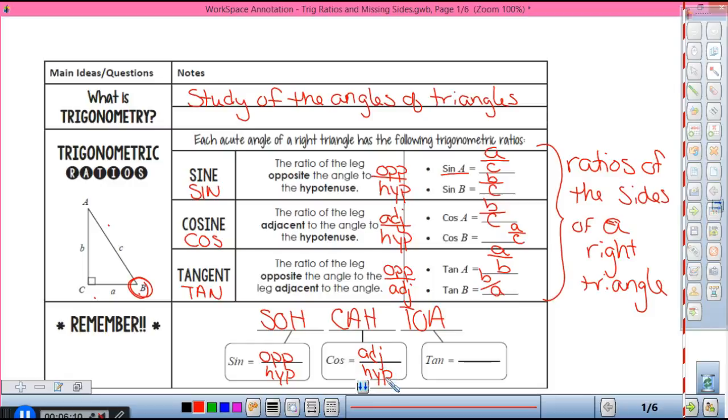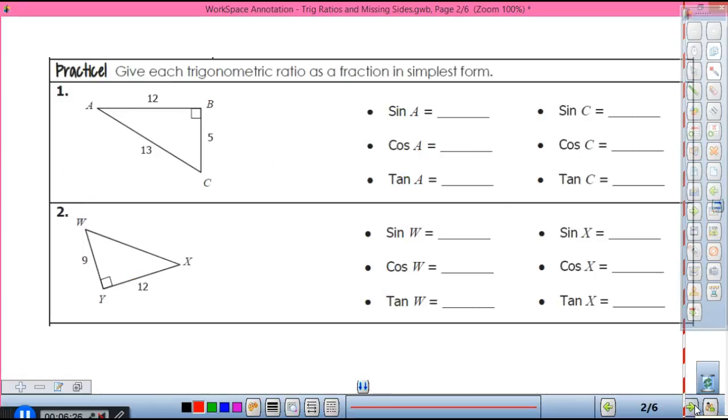And TOA is tangent is opposite over adjacent. Sounds bad, right? I told you today wasn't going to be a bad day. Alright, so I'm going to write that up here.